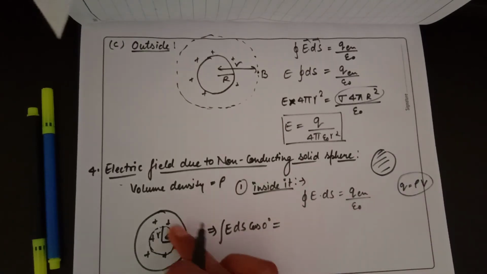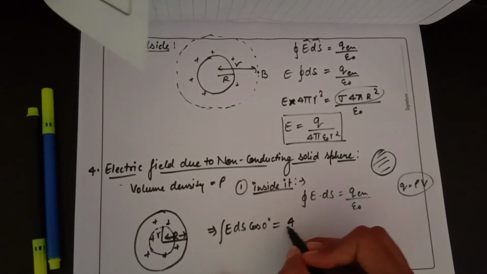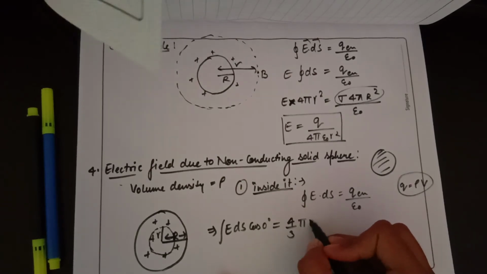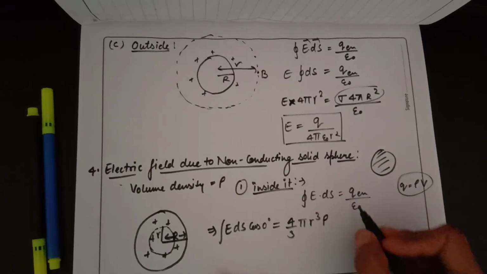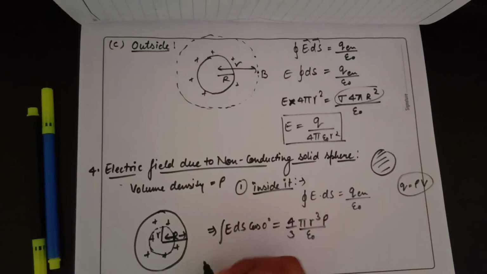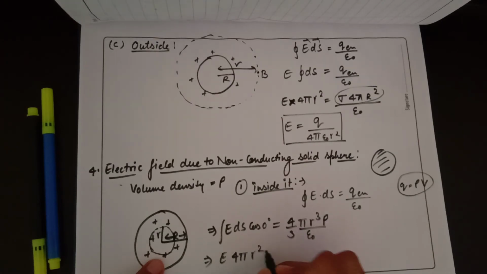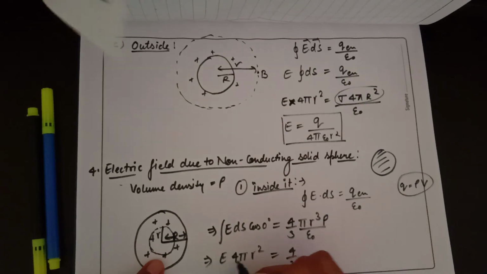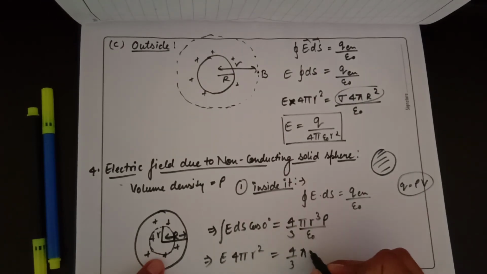What will be the volume of the small sphere? It will be 4/3 pi r cube into rho divided by epsilon naught, and E ds will be denoted by the surface area of this sphere, which will be 4 pi r square only. So I get E into 4 pi r square is equal to 4/3 pi r cube into rho divided by epsilon naught.